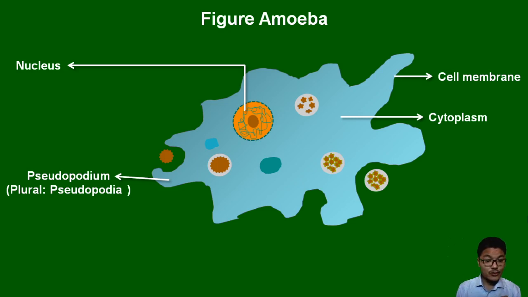It is very unique in amoeba that, being an irregular cell, it has pseudopodium, or the plural form, pseudopodia. Pseudopodia are extensions of the cell membrane, finger-like projections or protrusions which come out by the flow of cytoplasm.